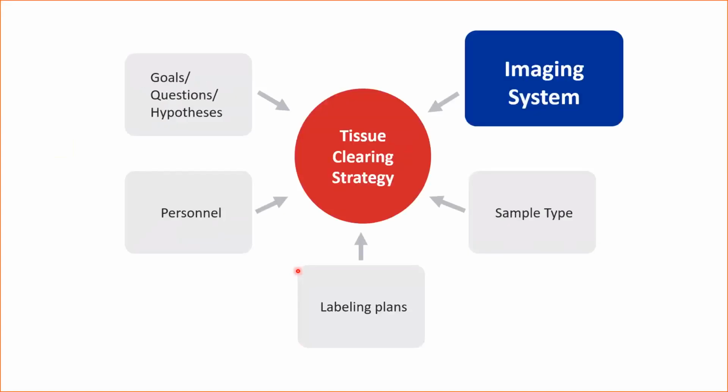So, to wrap up my portion, just remember that tissue clearing is just one component of that larger analytical pipeline. Your end goal is to acquire informative and insightful in-depth 3D images, and your other factors such as your goals and hypotheses, even your personnel, which we didn't touch upon, your lab, labeling plans, and your sample type, and most especially your imaging system, all will bear on this tissue clearing strategy.